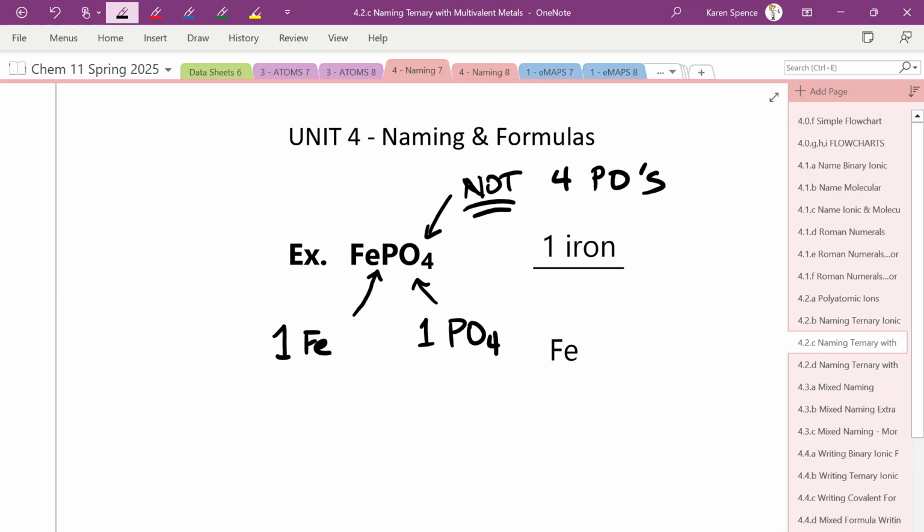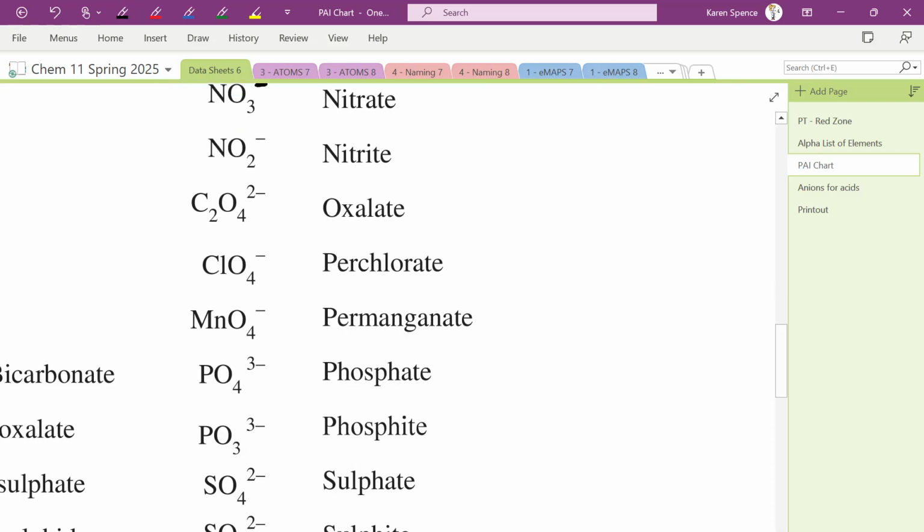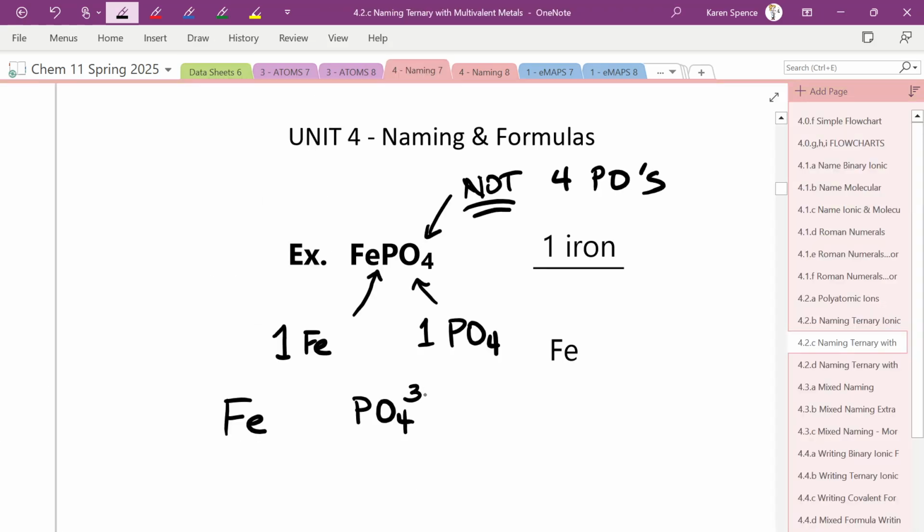If there's no brackets around a polyatomic ion, you just have one of them. So we would write out, I have one Fe and I have one PO4. Just write out one of each. Look up the charge on phosphate. It's 3 minus.